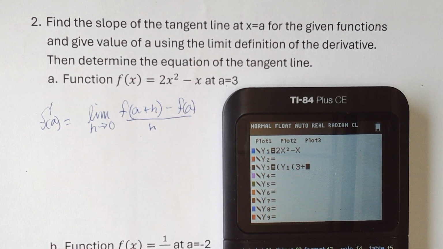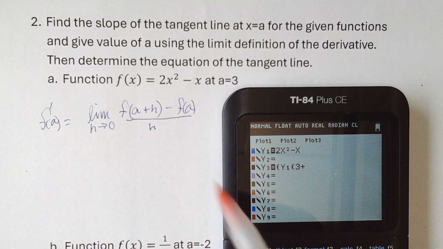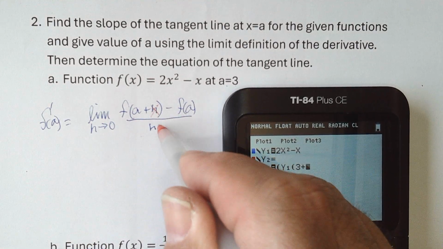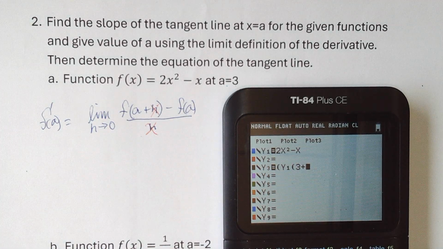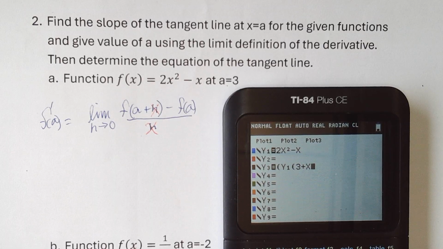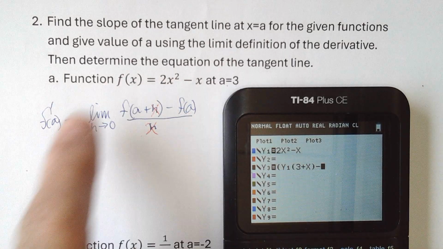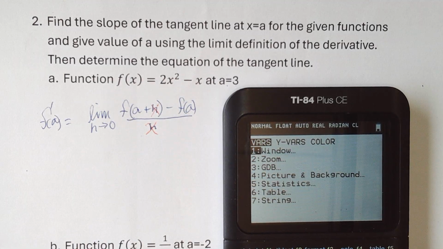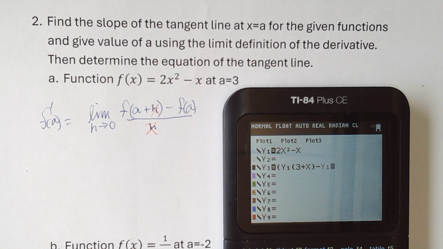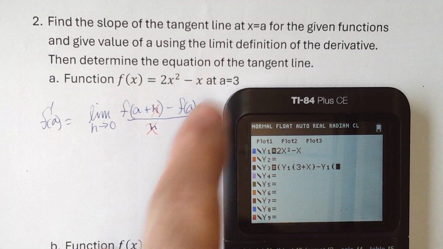So now I got to remember that x is two different things. There's an x in this function, but now I'm using x for the h. So I'm going to type in 3 plus x, close parenthesis, minus f, which is y1 on the calculator, vars, y variables, function y1 of 3, because a is 3.